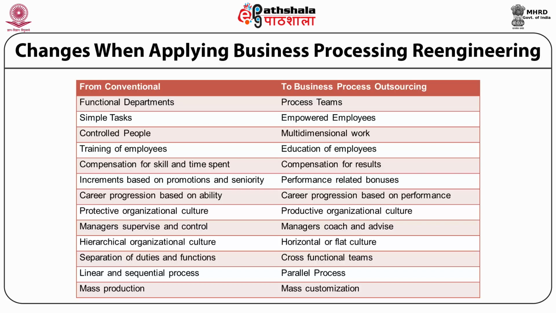Linear and sequential process to parallel process. And from mass production, what we have been talking about is mass customization. So in such a way, the conventional working is transformed to bring in an overall business process reengineering.